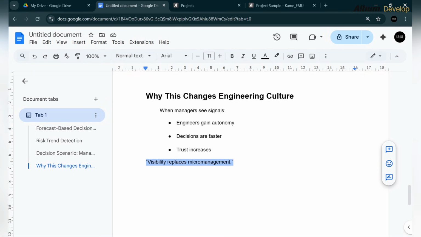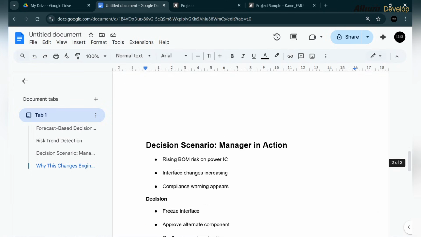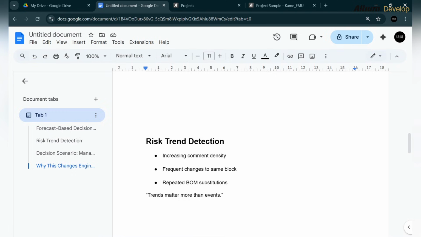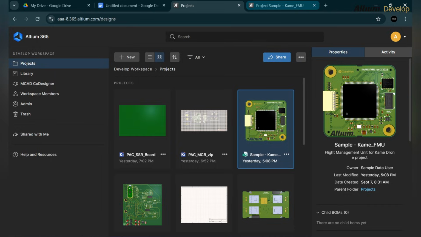Micromanagement is when you design a simple schematic and send it for review, and you get some issues and make changes, then send it for review again, and again there are some issues. This is micromanagement.